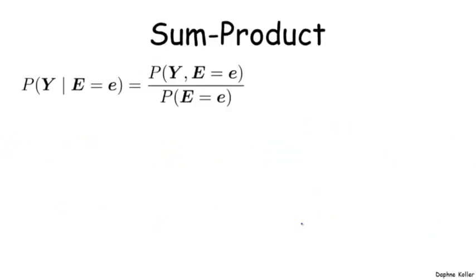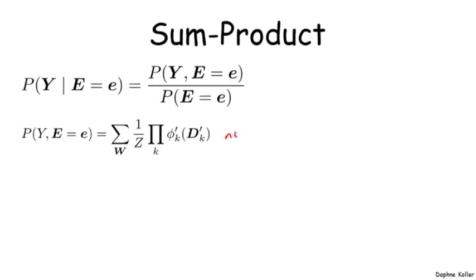So to summarize, the sum product algorithm can be done as follows. You convert the conditional probability into a ratio. The numerator of this ratio is a product of reduced factors summed out over the remaining variables.